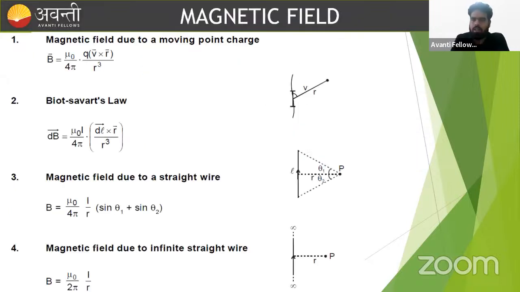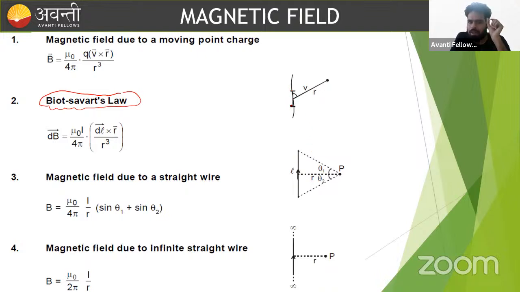So firstly, if we want to start our magnetic section, we have to get a thought process of how the whole magnetic section will run. That is governed by one basic law, the Biot-Savart law. So firstly we have to understand the Biot-Savart law. That law describes a small elemental current carrying wire.